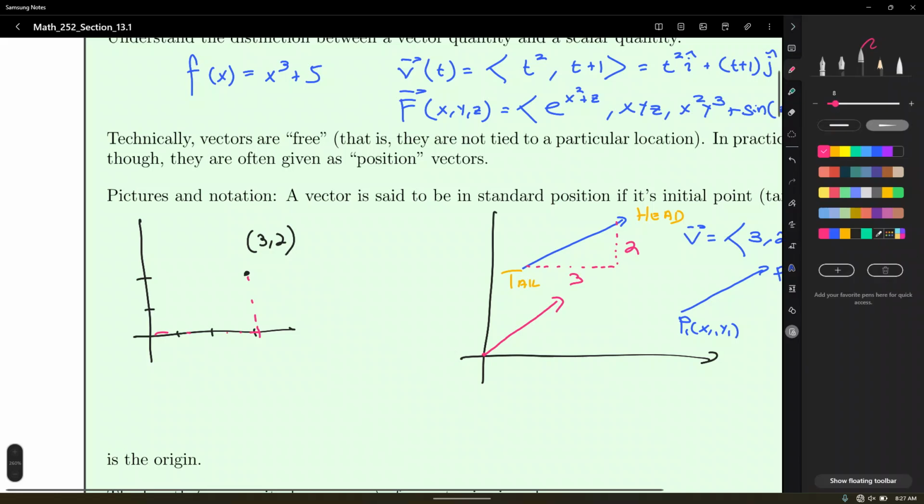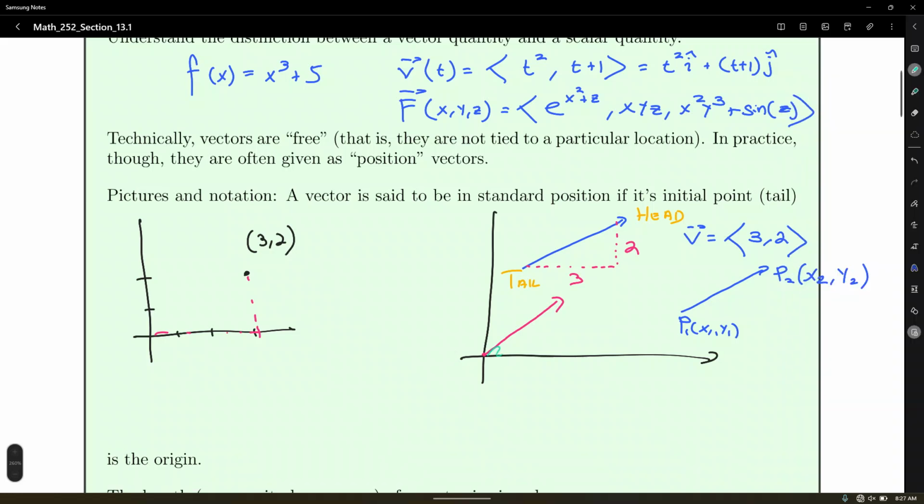So check this out. I'm still going to move 3 units in the x direction and 2 units in the y direction. But now the vector has been positioned to have the initial point at the origin. But still, you see these arrows are pretty much going in the same direction. Well, except the red one, I think it's a little steeper. But they're essentially going in the same direction, and they also have the same magnitude.